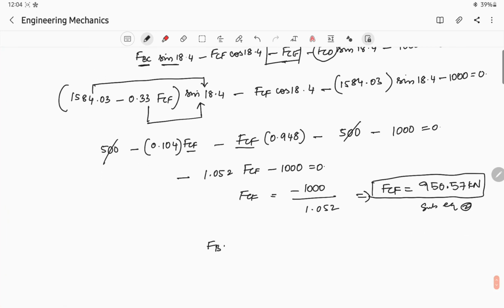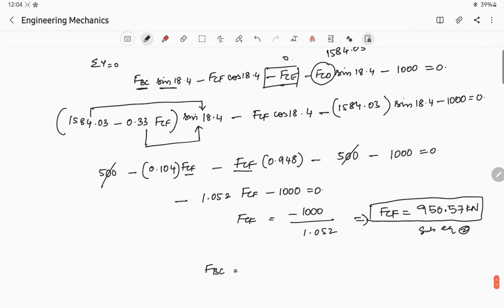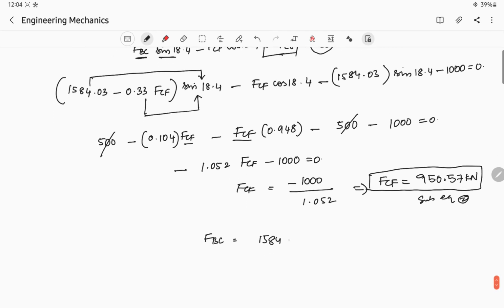So force in member BC is equal to 1584.03 minus 0.33 into FCF, that is 950.57.